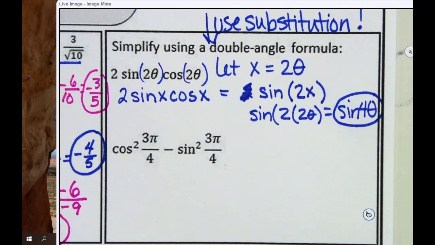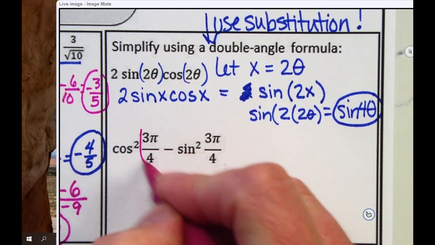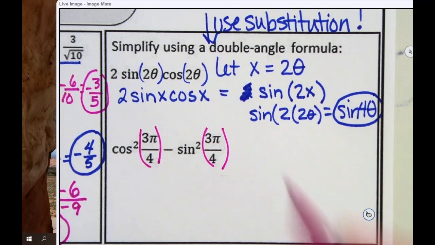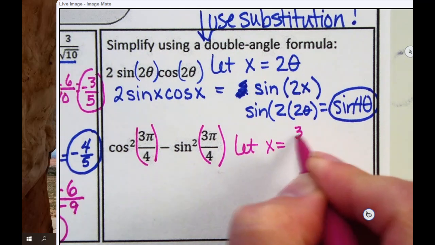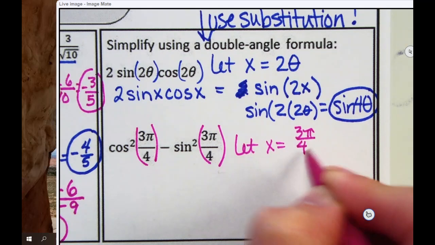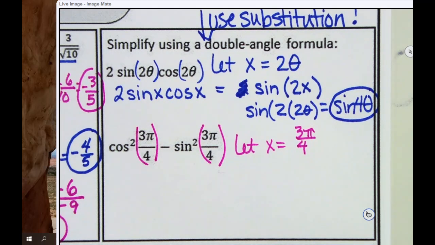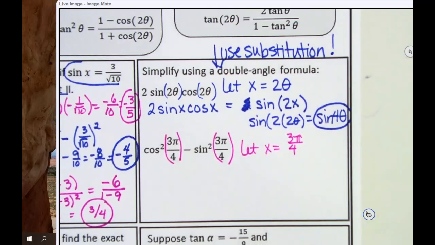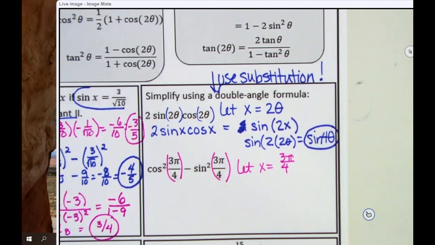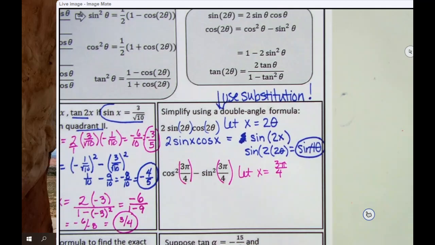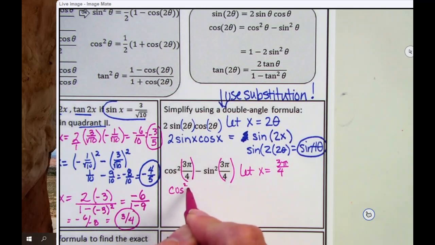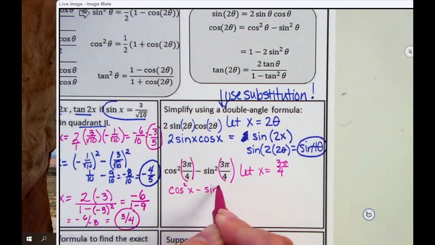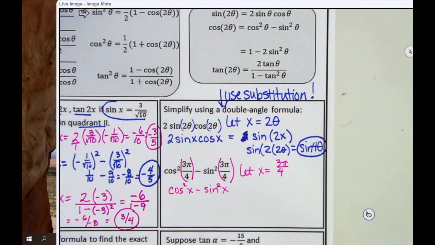All right, the next one. Here we go. What do you think we're going to let x equal? Let x equal 3 pi over 4. Zoom out a little bit so we can find our formulas up there. All right, so now I've got cosine squared x minus sine squared x, which looks like what?